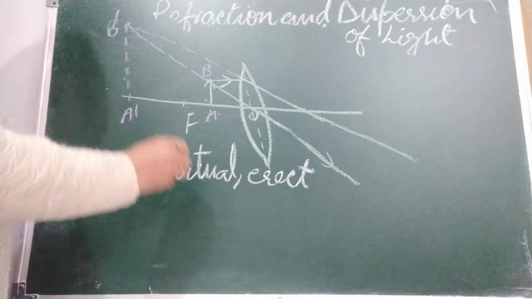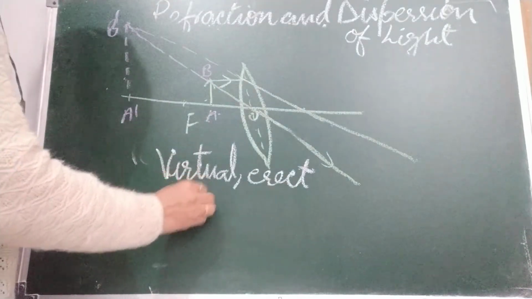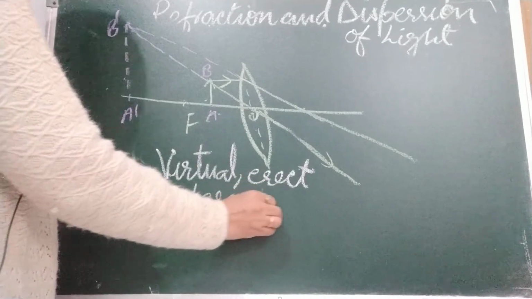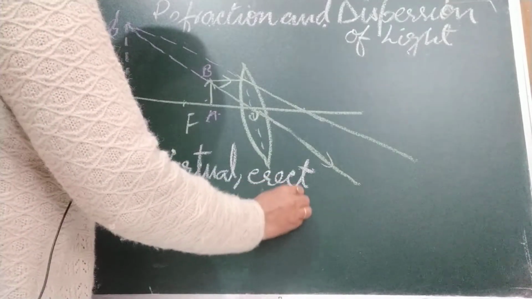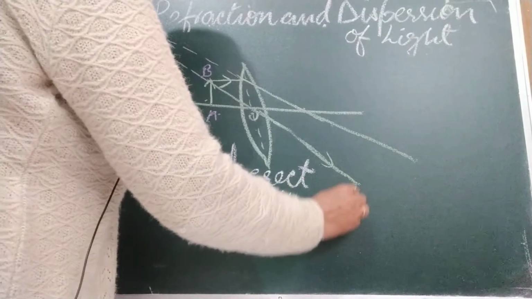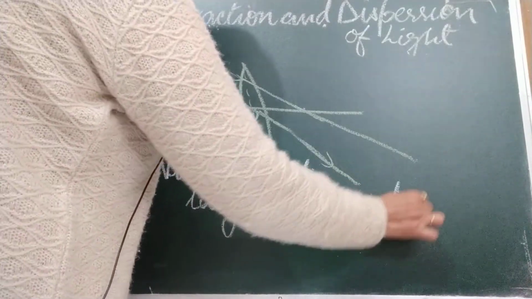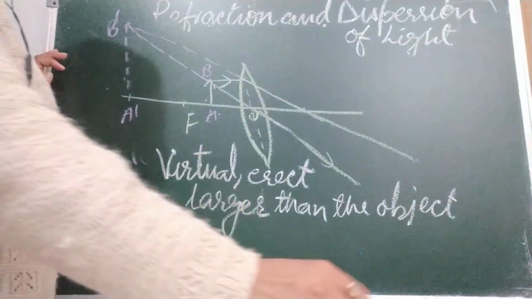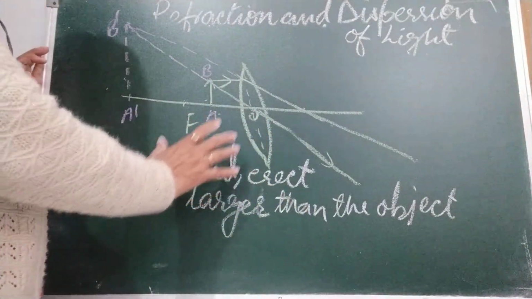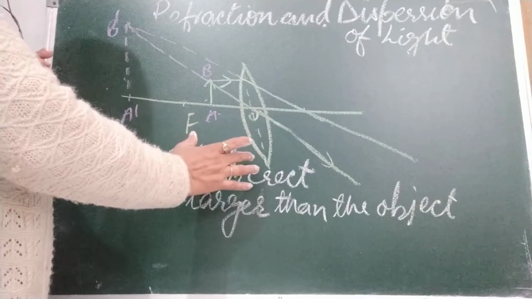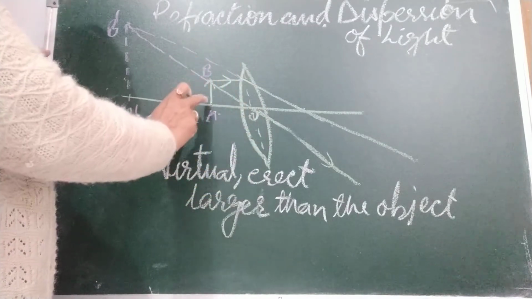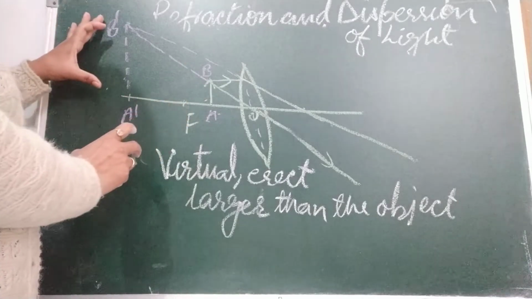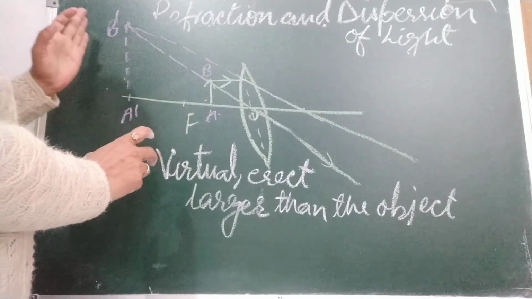Size, just you see, larger than the object, and position, the same side where the object is placed. Children, this is what we can call a magnifying glass. When you see the letters or words, you find them enlarged. So this is the way.